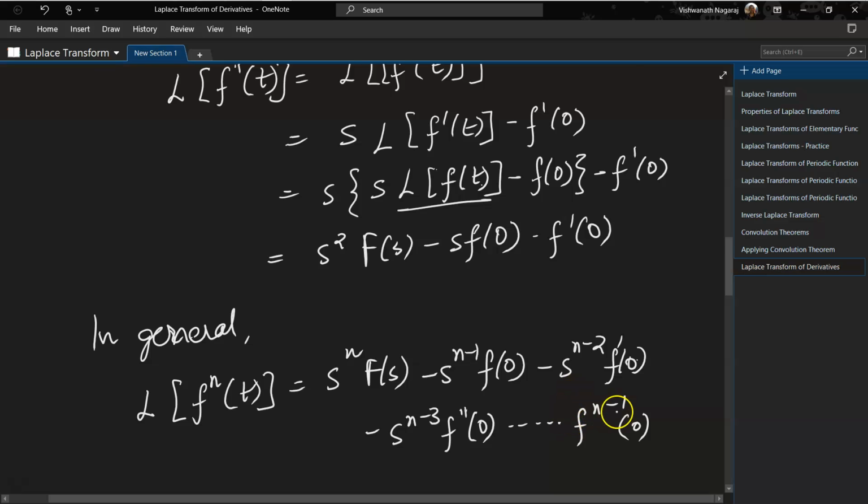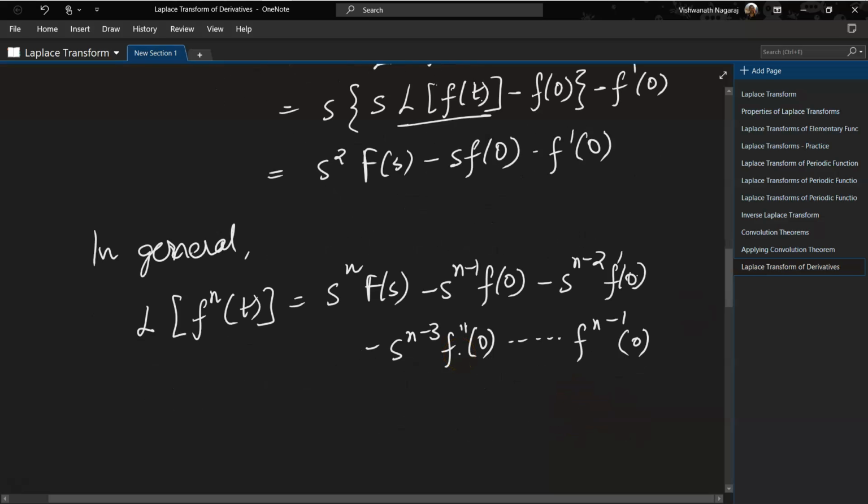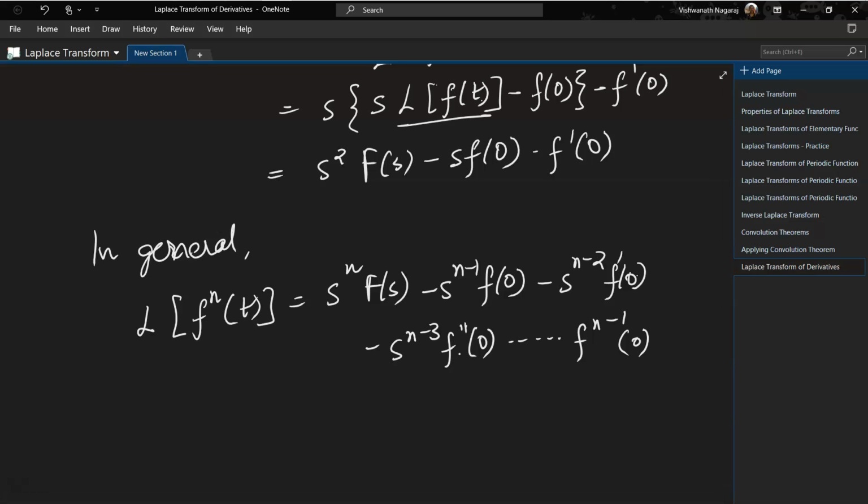So using this we can find the Laplace transform of any order derivative.